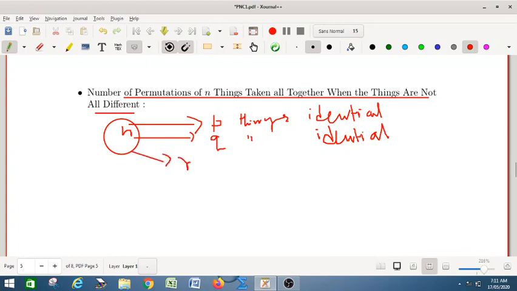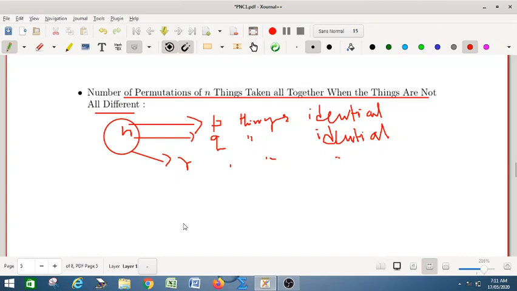Also r things are identical of the third kind. And the others are different. So out of n things, there are p things identical of the first kind, q things identical of the second kind, r things identical of the third kind.